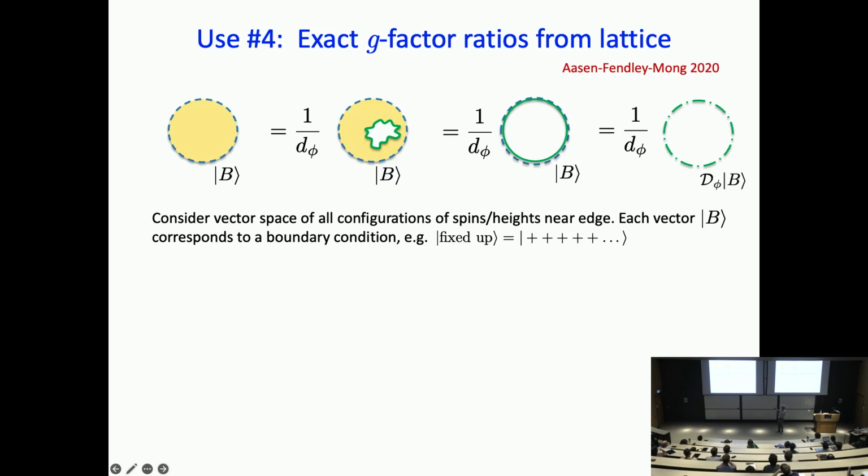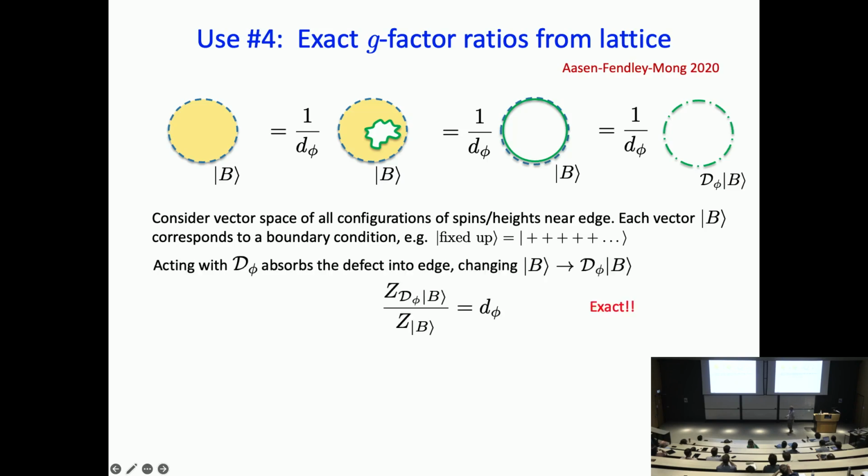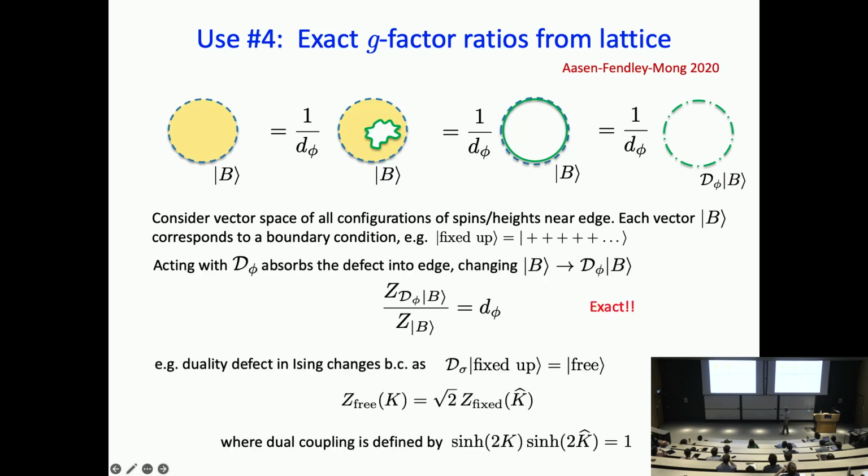But because the defect and everything is super explicit, we know what this is. So we have an exact equality between this boundary condition and the boundary condition when you're acting with this defect. Everything I'm telling you is schematic pictures, but everything I just wrote out is utterly and completely explicit. And so we get this exact identity between partition functions.